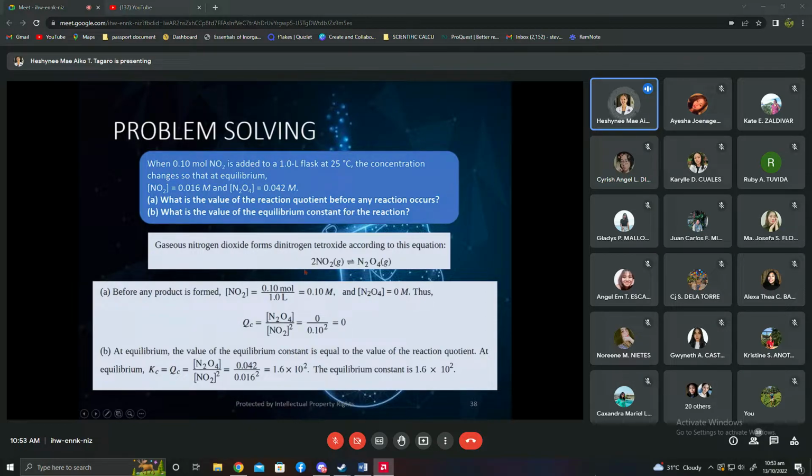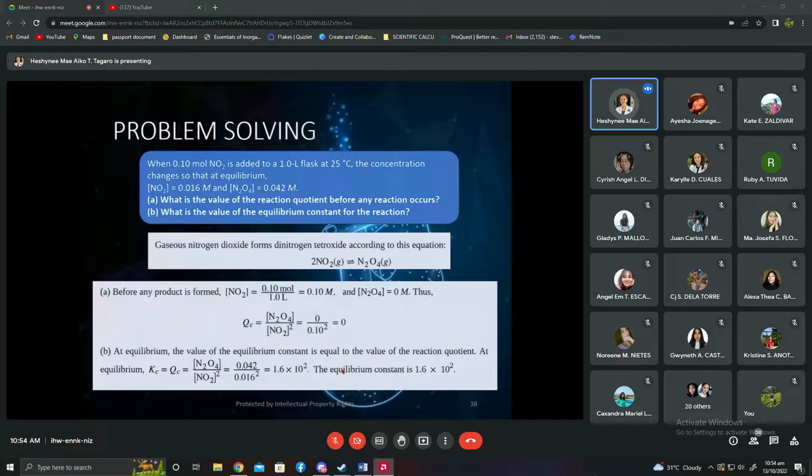So the concentration for N2O4 is 0 and the concentration for NO2 is 0.10 raised to 2. But anyway, the answer is still 0. So the Qc is 0. Take note, it has no unit. Next, letter B. What is the value of the equilibrium constant for the reaction?